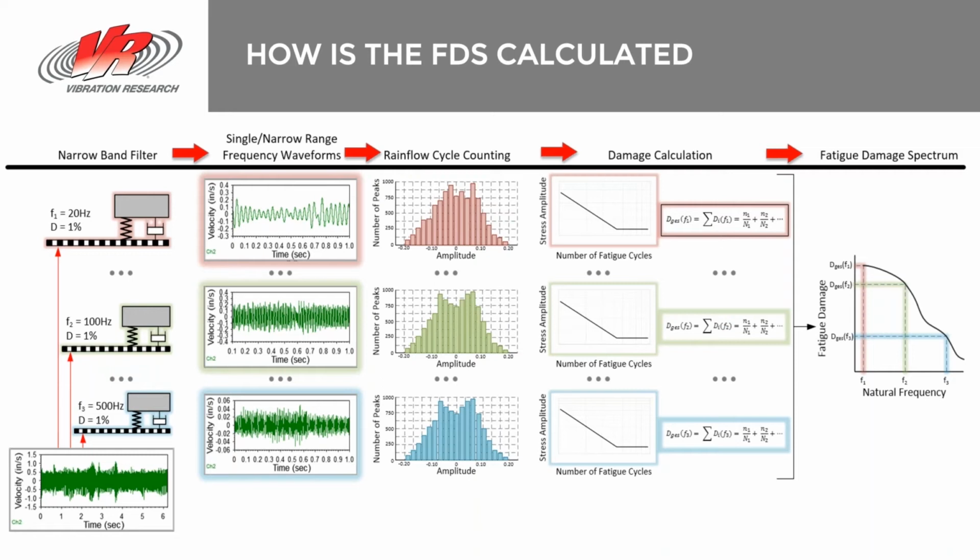at that particular frequency. So I take my single or narrow frequency band waveforms and utilize rainflow analysis and cycle counting to essentially give me the number of peaks that occur at a particular amplitude for a particular frequency. Knowing that information, I can pass it through my damage calculation, which is cumulative damage based on the SN curve and results in an arbitrary damage number for that frequency.